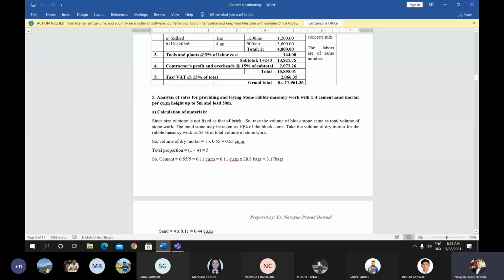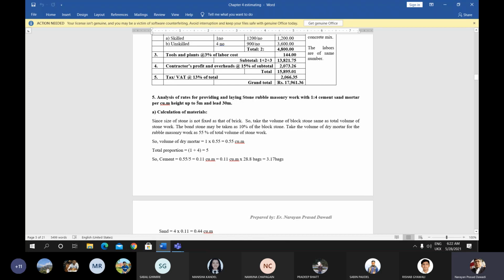That is slightly dressed by using the hammer, and made to the size to put on the wall. Some stones may be lost, that is, there may be wastage. So for considering the wastage, the total volume of the stonework is considered for the block stone.